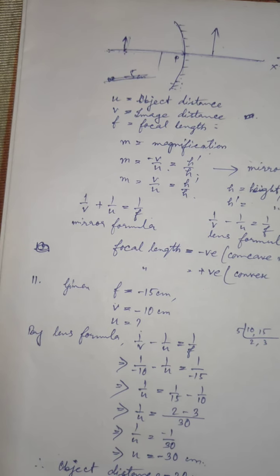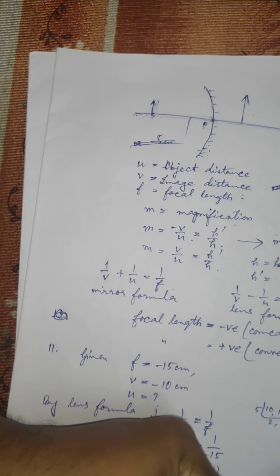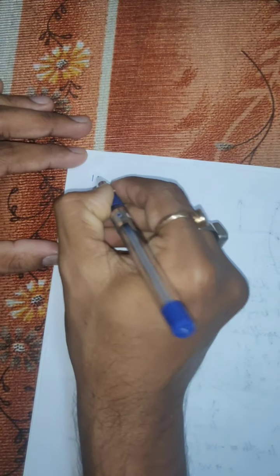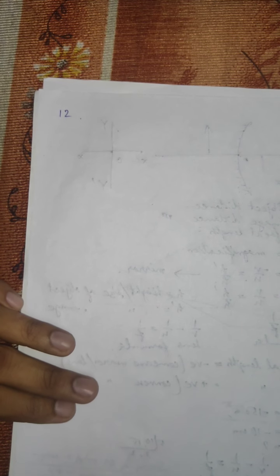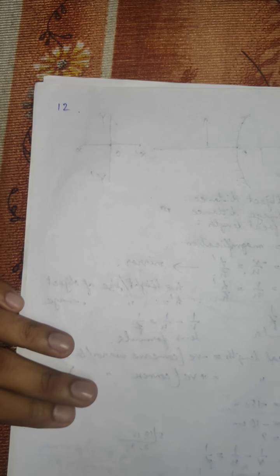Okay, now next, number 12 we see. An object is placed at a distance of 10 centimeter from a convex mirror of focal length 15 centimeter.